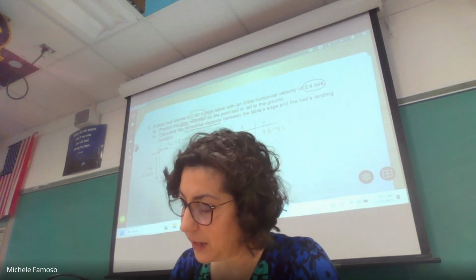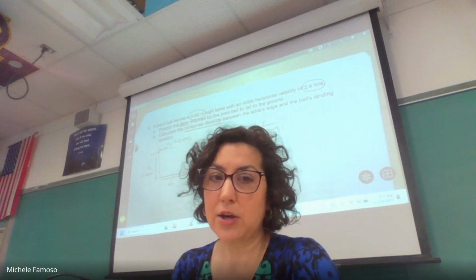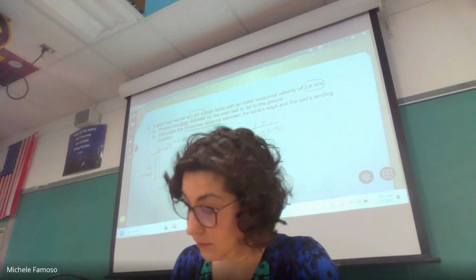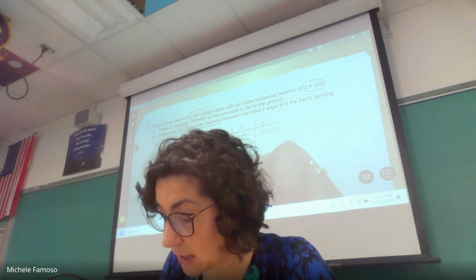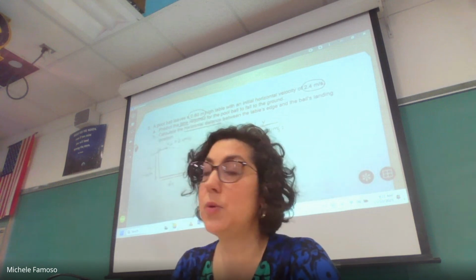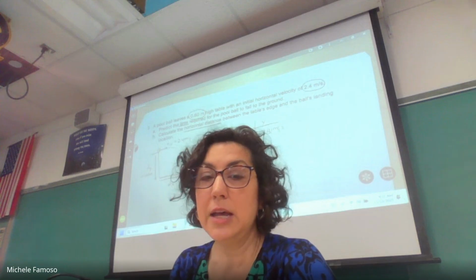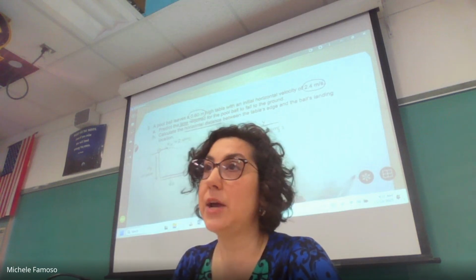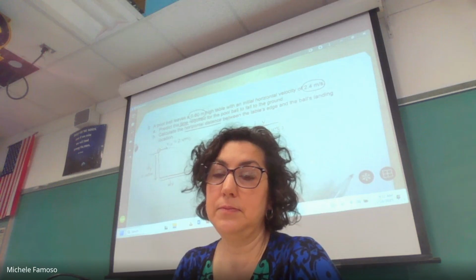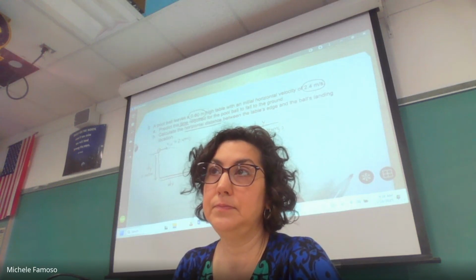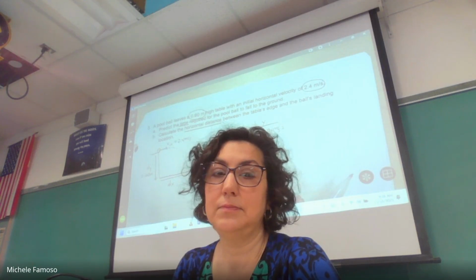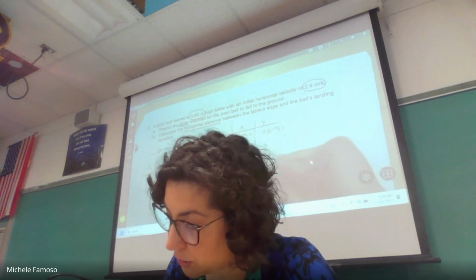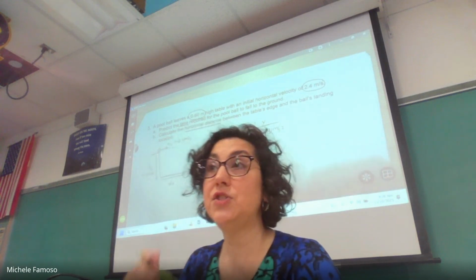Ryan, what is VI in the X direction? That is correct. That was given in this problem, 2.4 meters per second. Jacob, what is it in the Y direction always? Yep, 0 meters per second, because in the vertical direction, it is just dropped.